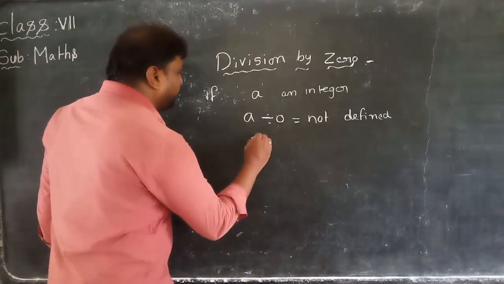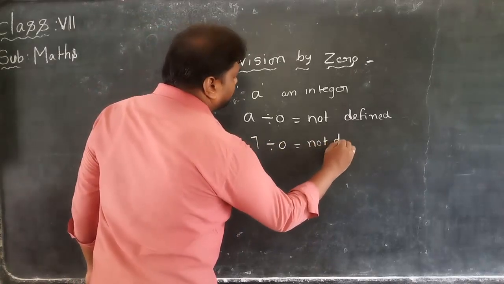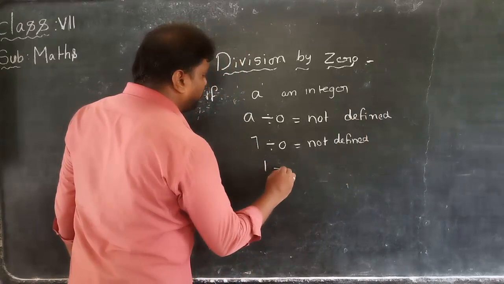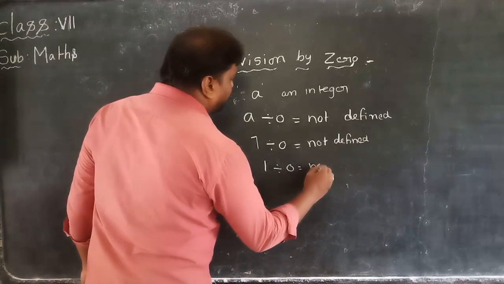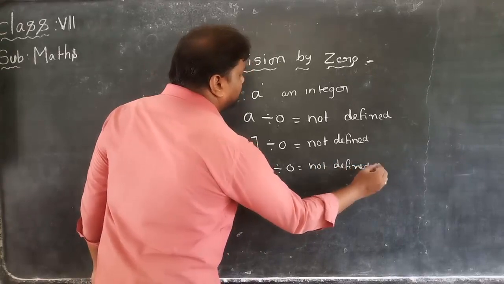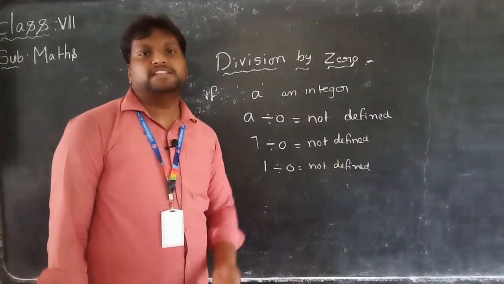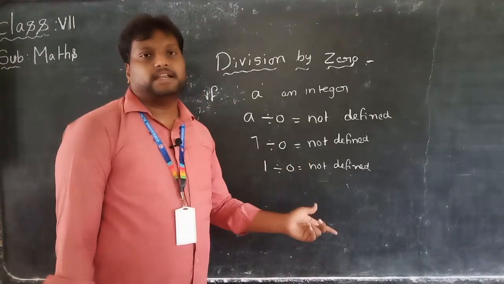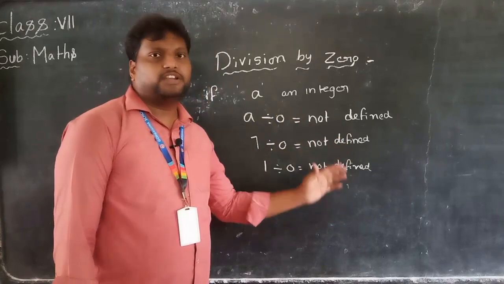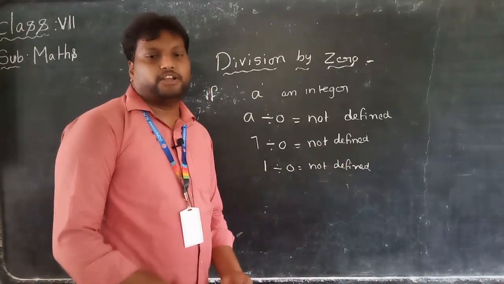For example, 7 divided by 0 is not defined, 1 divided by 0 is not defined. Whether negative or positive integers, even 0 divided by 0 is not defined. In fractions, 0 in the denominator place makes the value not defined.